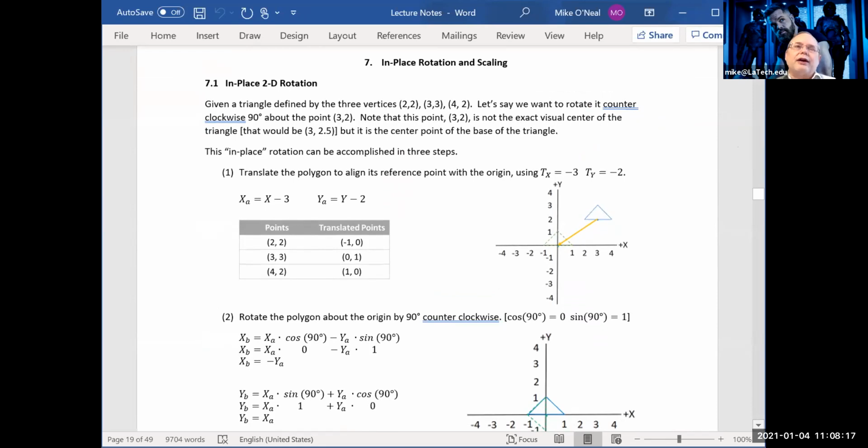So we remember that our rotations in our first assignment were not in place. Okay, well, what do I mean by not in place?